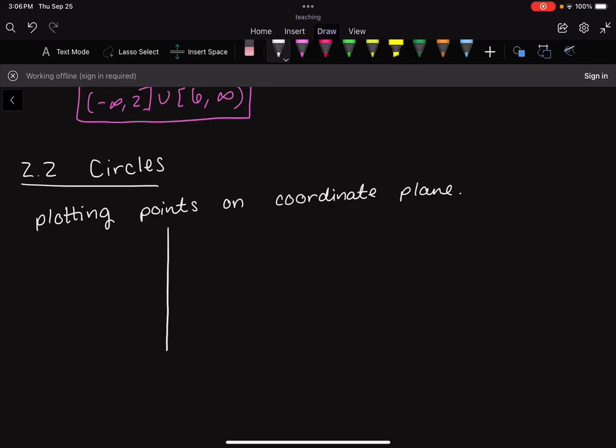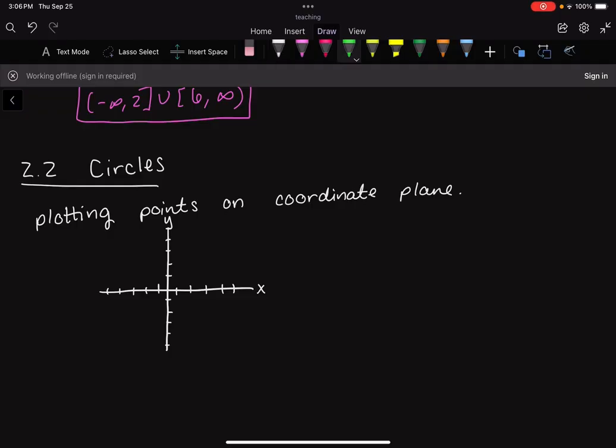And I mean, this really should be a refresher, but in general, we have our coordinate plane here. I'm just drawing some tick marks, and we'll have our x-axis and we have our y-axis.